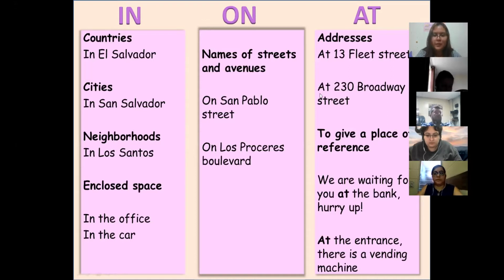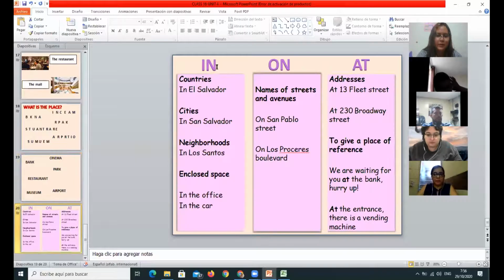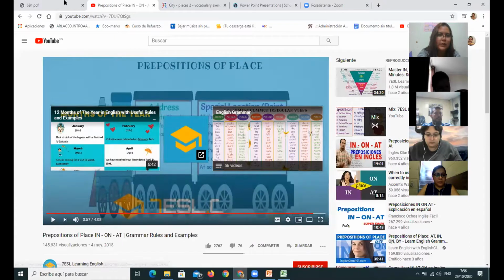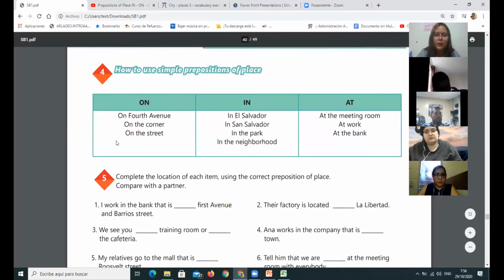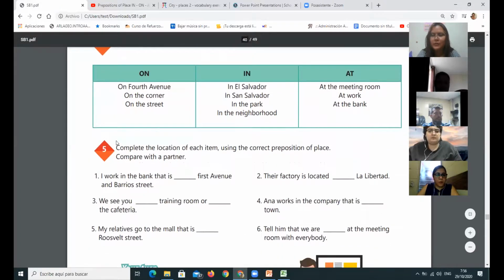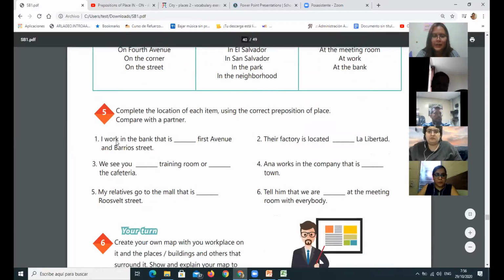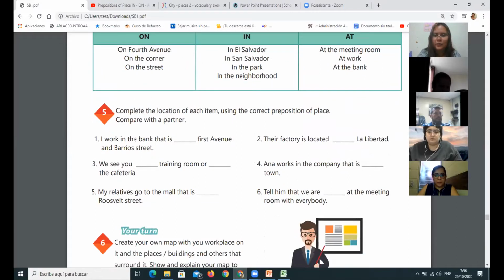So this is what we have in the manual, right? We also have this topic in the manual, and it's here. Marvin was reading the examples, right? On 4th Avenue, in El Salvador, at the meeting room. Let's complete this exercise. Exercise number 5. This is going to be the last activity for today.